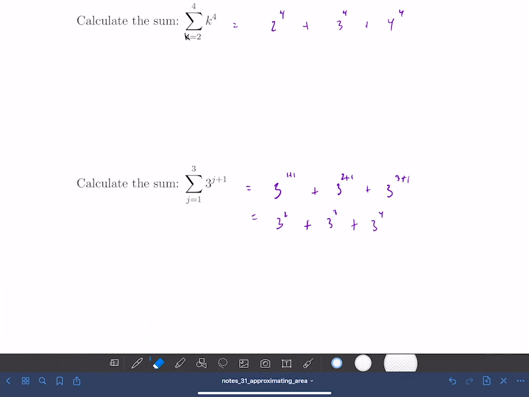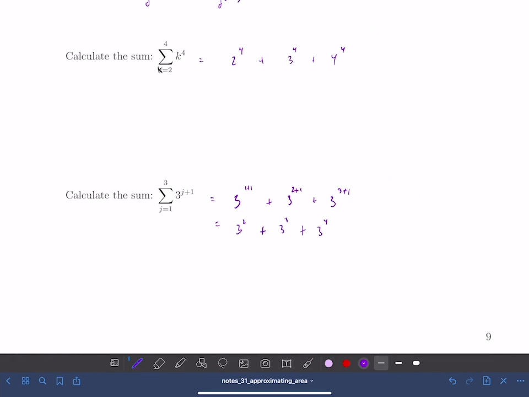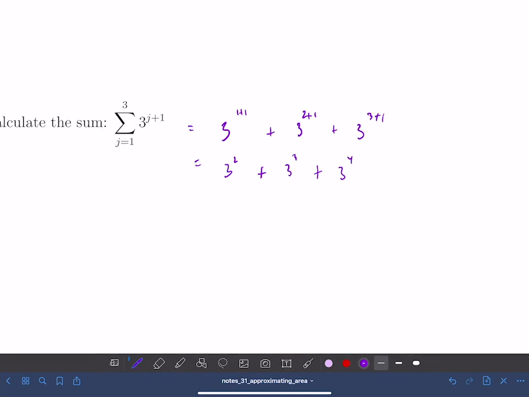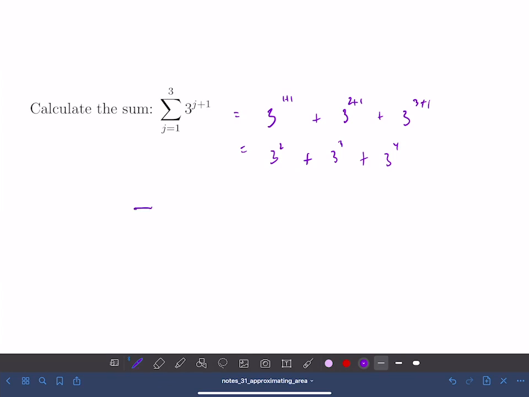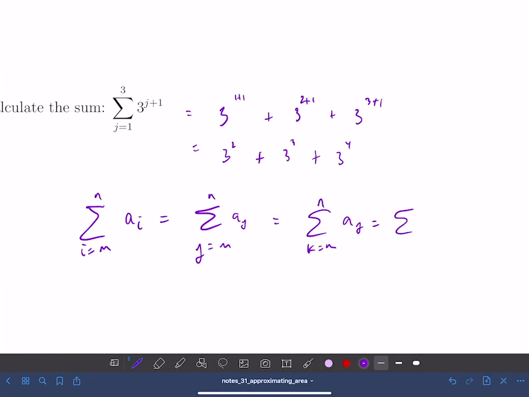I think I want to make one more note. If you are still hanging on here, I want to thank you and tell you that the sum from i equals m to n of a sub i is equal to the sum from j equals m to n of a sub j, equals the sum from k equals m to n of a sub k, is equal to the sum from alpha equals m to n of a sub alpha.